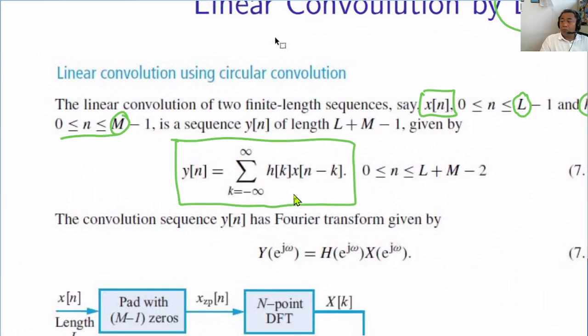If we do convolution in this way, we'll get a final length of L plus M minus 1 for the length of y of n. So we know that the only important signal is L plus M minus 1.